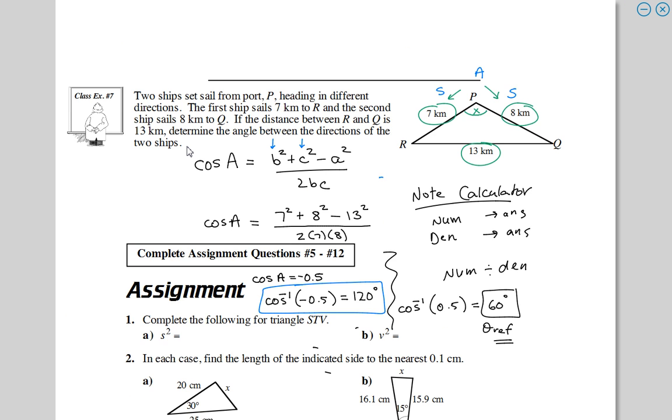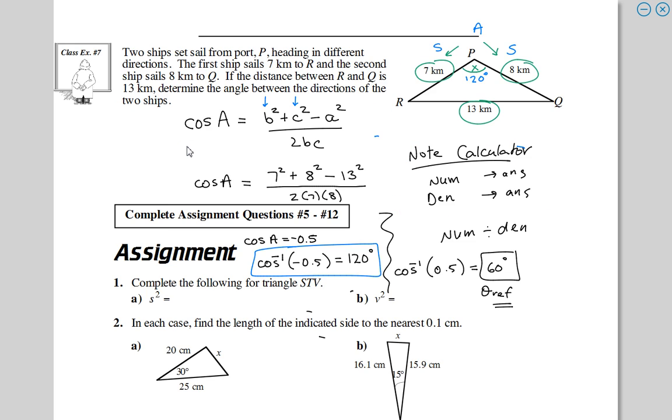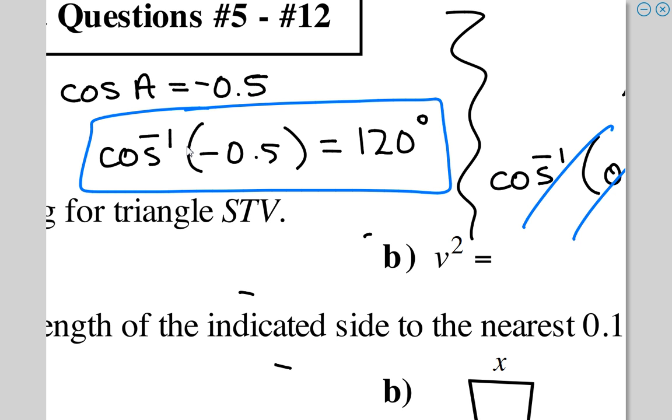Because this is clearly obtuse, right? So don't do this. If the ratio comes out negative, use it. Use the negative. Only for cosine law.